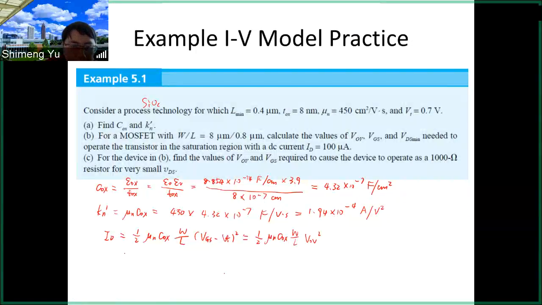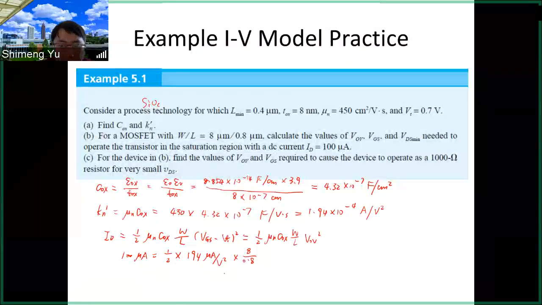ID is 100 microamp, and the other side is one half times this number, which in micro is 194 micro, and then W over L here is 8 divided by 0.8, and then VOV squared.